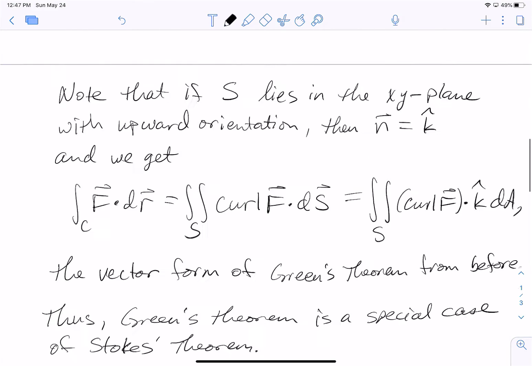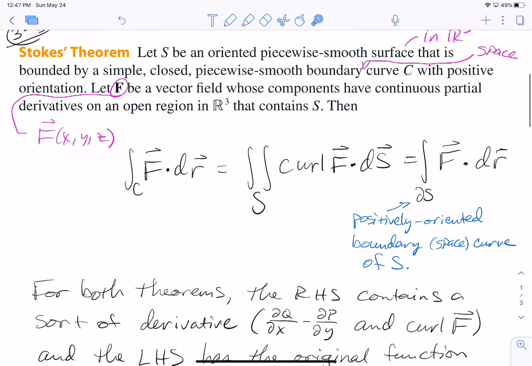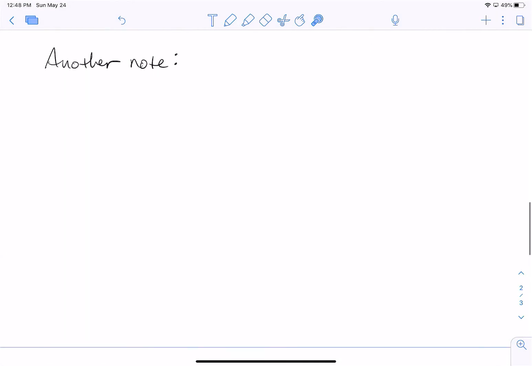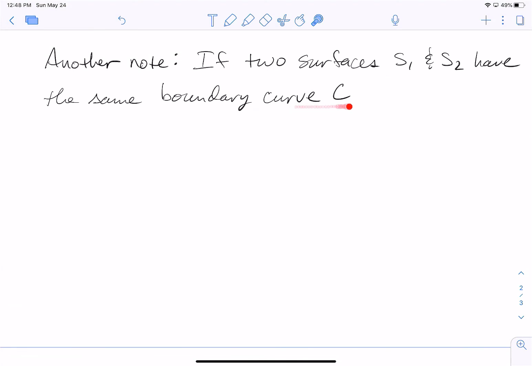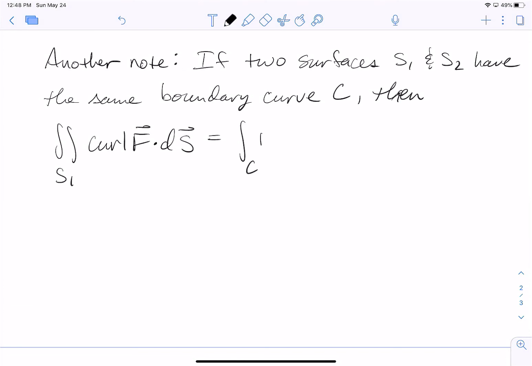We're going to make another note here. Folks, we're saying that the surface integral of the curl of f dot dS over a surface S can be computed only by considering the boundary curve C. As a consequence of that, if two surfaces S1 and S2 have the same boundary curve C, then the surface integral over S1 of the curl of f dot dS, which is equal to the line integral over C of f dot dr, would equal the surface integral over S2 of the curl of f dot dS.